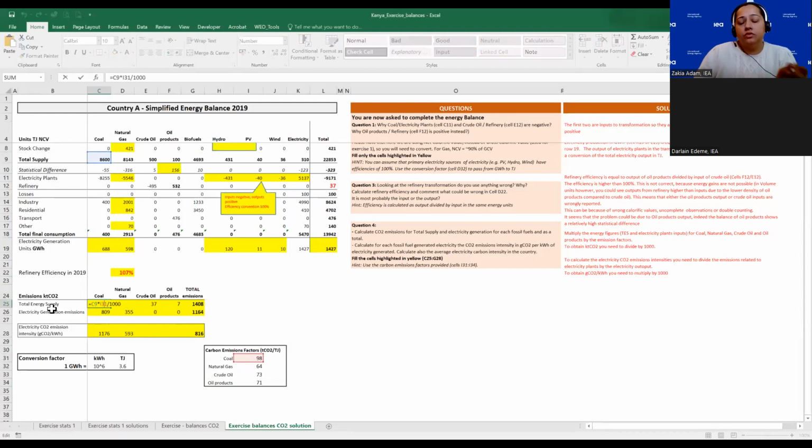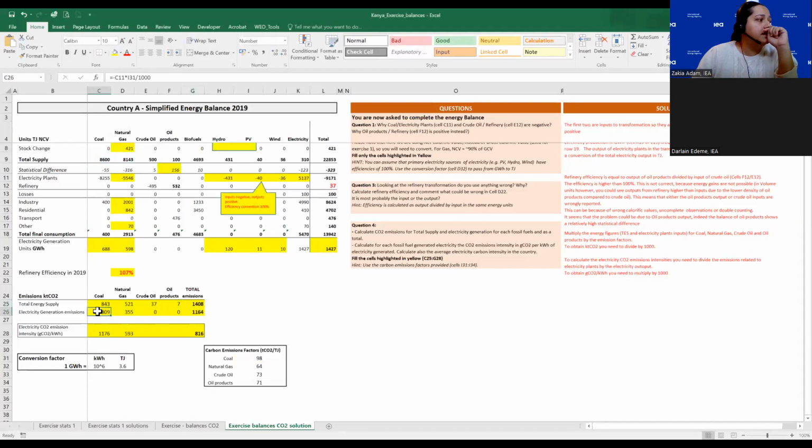So to get to kiloton, you have to divide by 1000 as well. So you take your amount of supply times your emission factor, divide by 1000. You do the same for natural gas: your amount of natural gas times the natural gas factor, divide by 1000. And for total emissions, you just sum the different products.